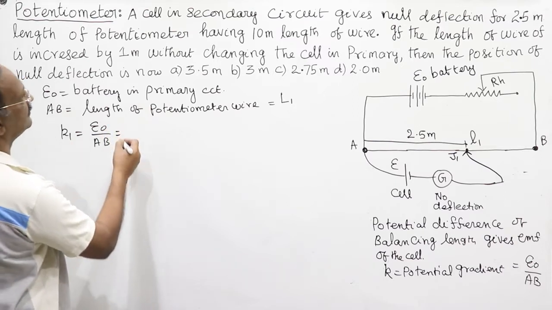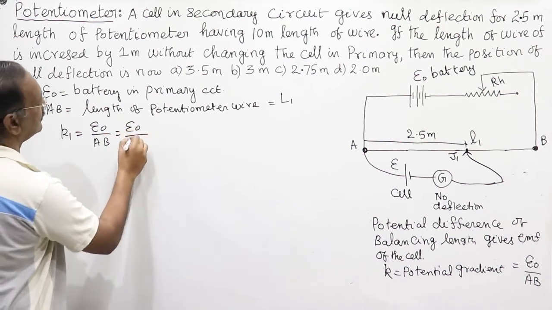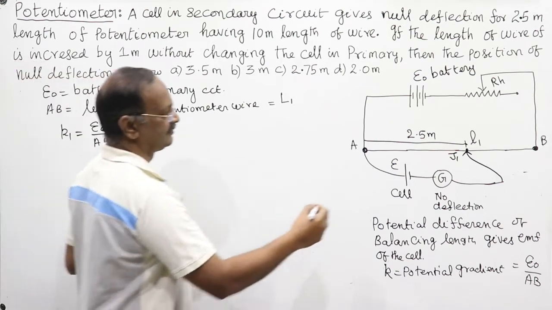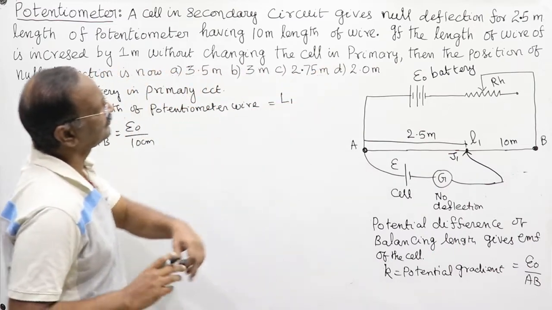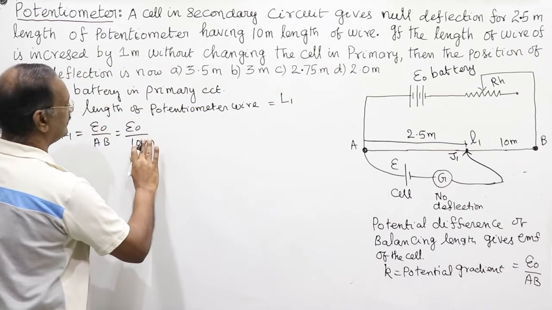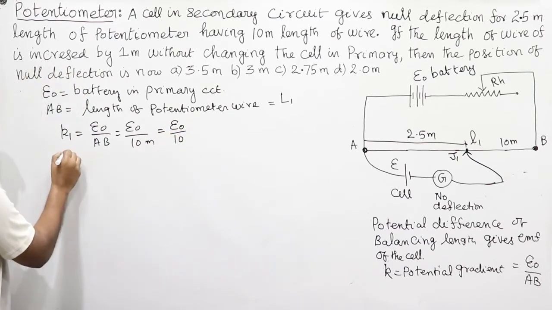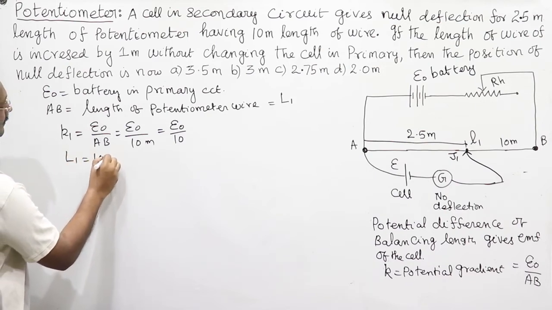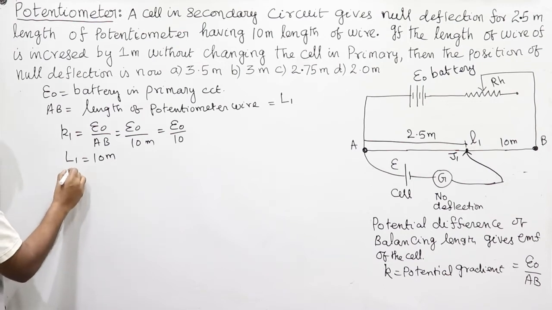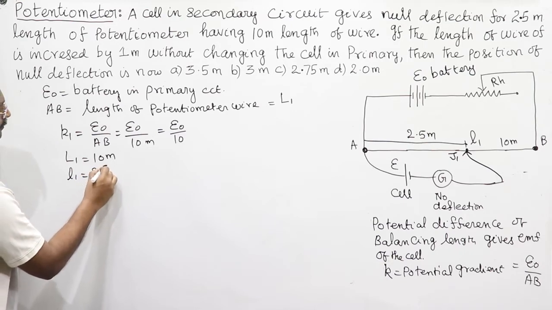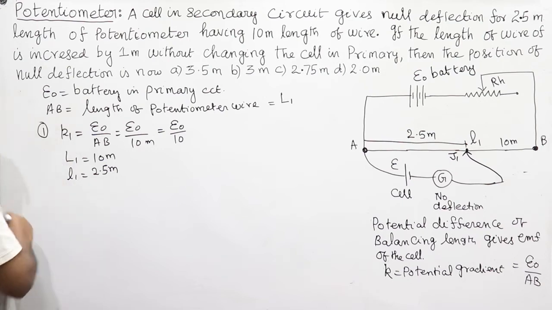The length AB is equal to 10 meter, so we can simply write epsilon naught by 10. This is K1, and in the first condition with null deflection, L1 is equal to 2.5 meter. This is case 1.